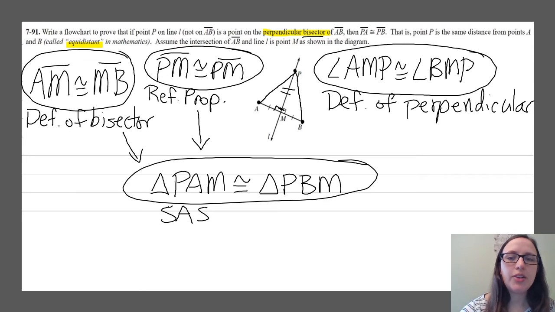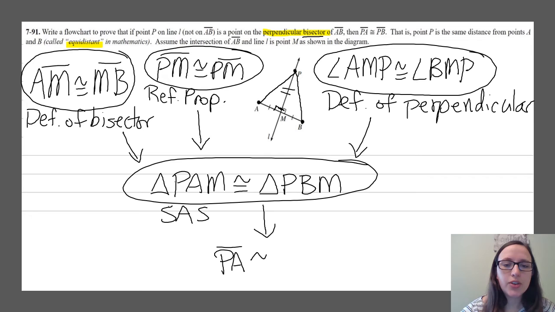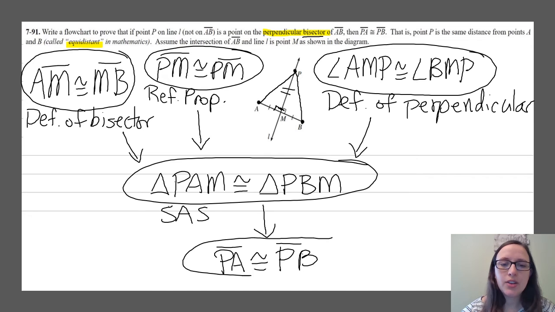I'm going to draw my arrows from side, angle, side to triangles congruent. And then we can say that PA is equal to PB. Since we know that the triangles are congruent, the corresponding parts are congruent as well. And the letters that represent that are CPCTC.